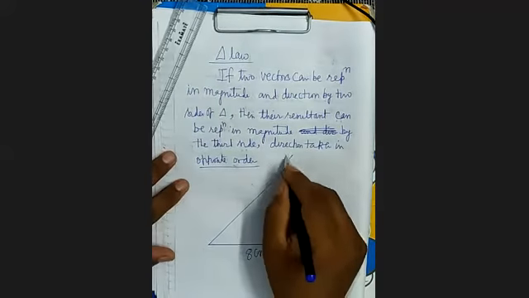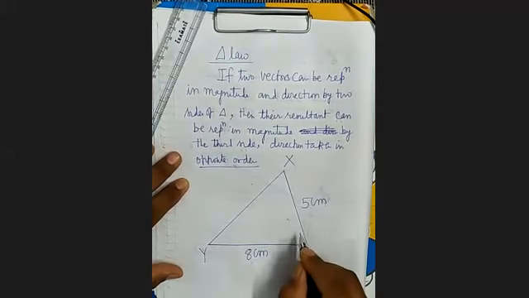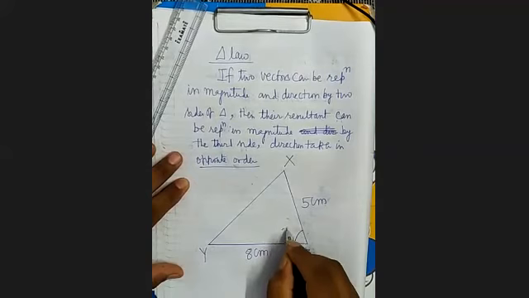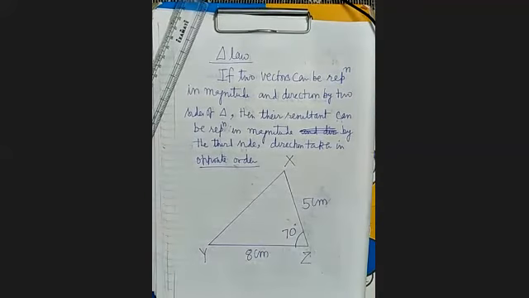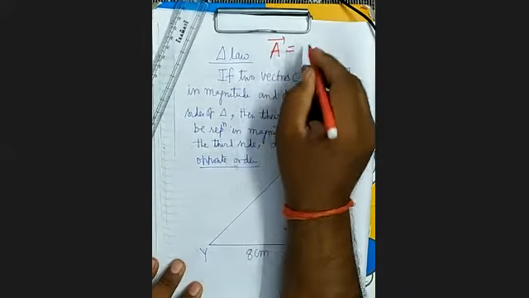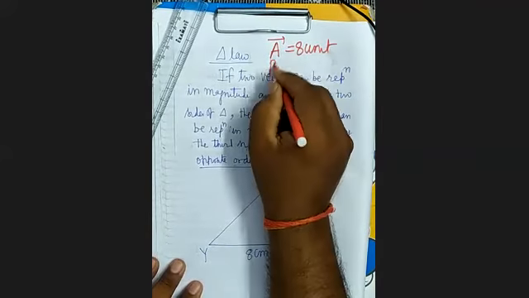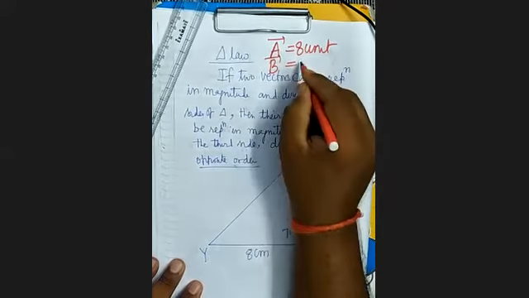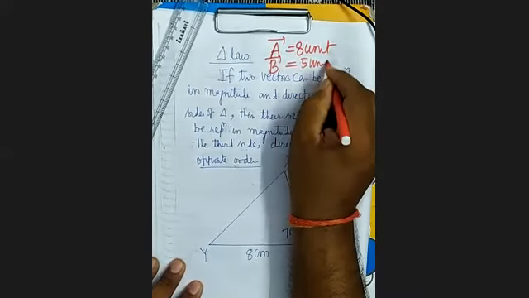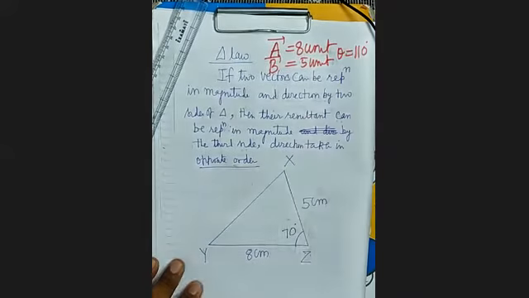And this angle is 70 degrees. Now suppose I have taken one vector A of 8 unit, another vector B of 5 unit, and angle between them is suppose 110 degree.